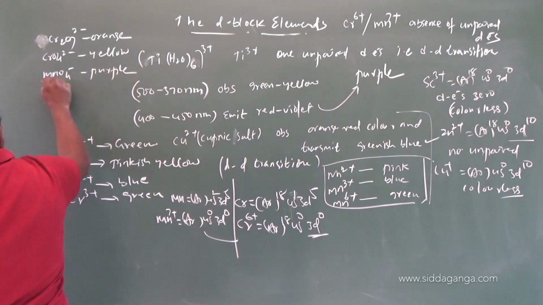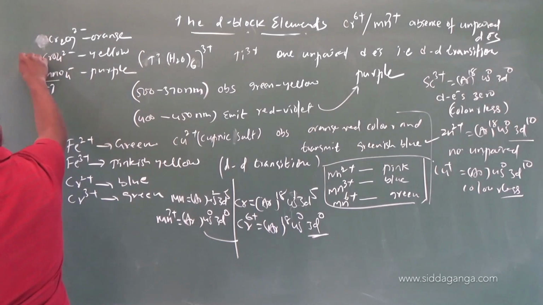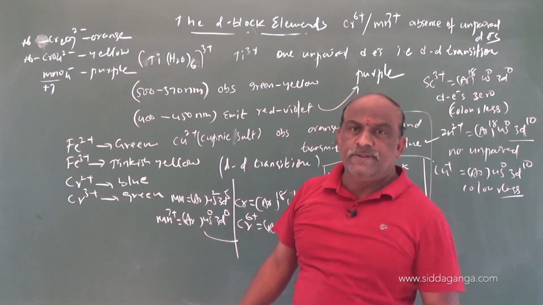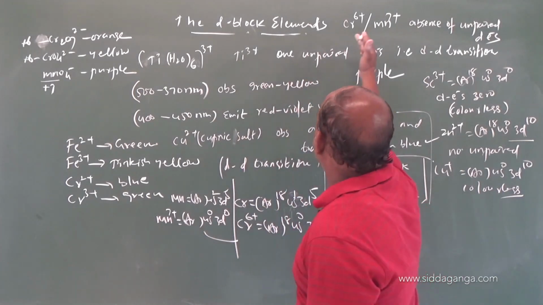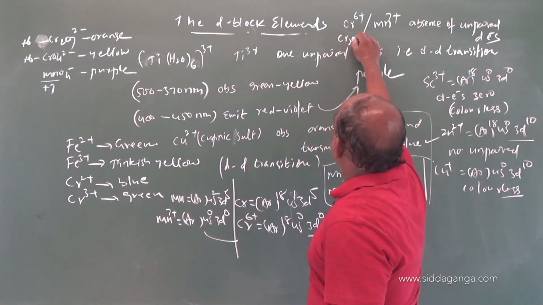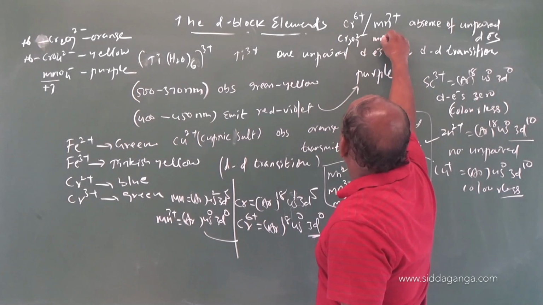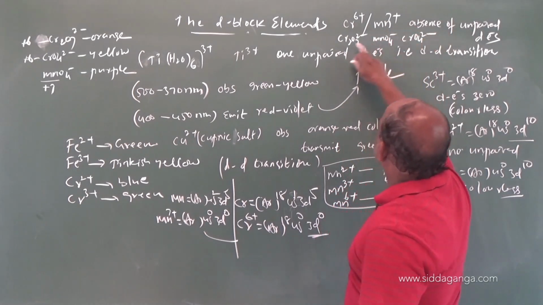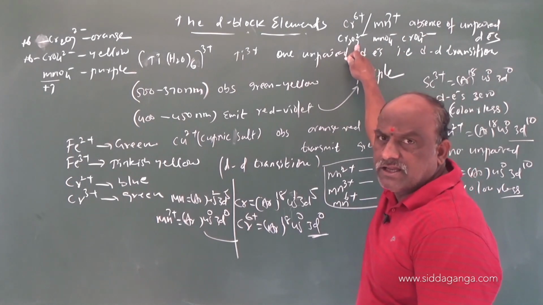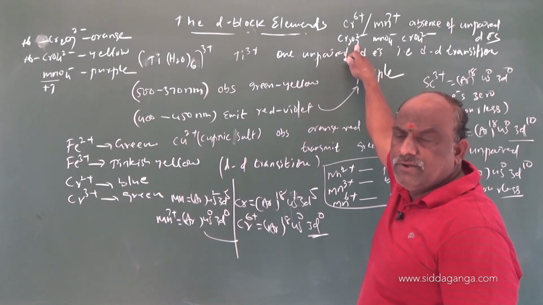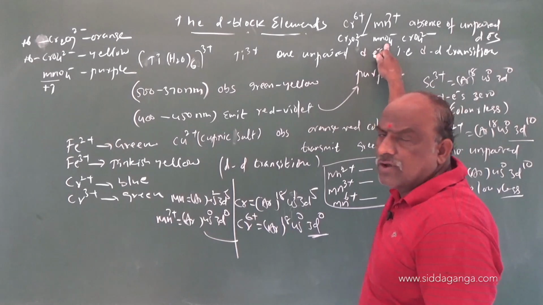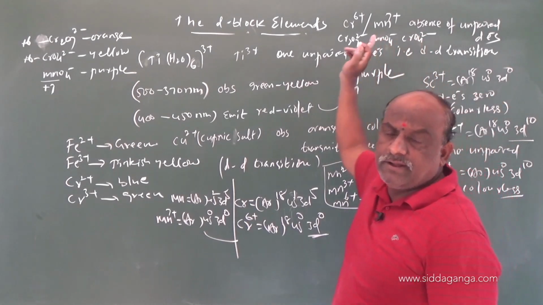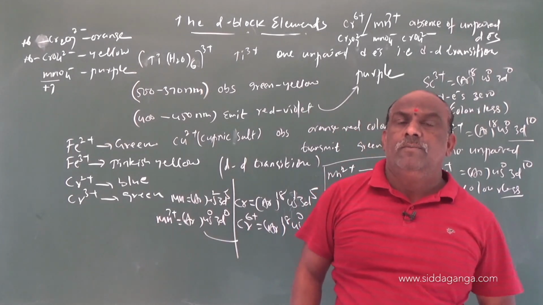Here Mn is in the +7 and Cr in the +6 oxidation state. You already know in the laboratory you found these colors: Cr2O7 2- orange, MnO4- purple and CrO4 2- chromate yellow.